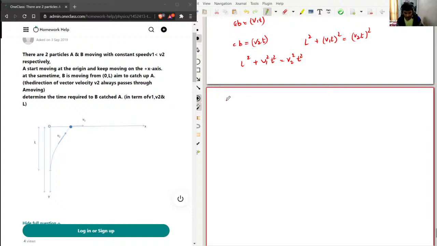So L square will be v2 square t square minus v1 square t square. I can take t square common here. So L square will be t square times (v2 square minus v1 square), and I can divide both sides by v2 square minus v1 square.